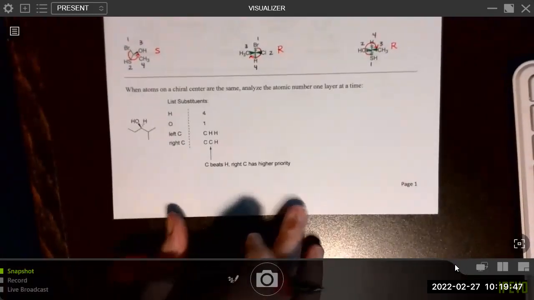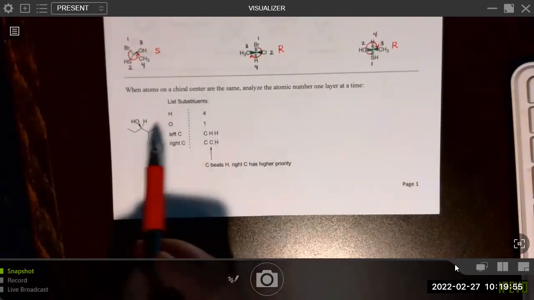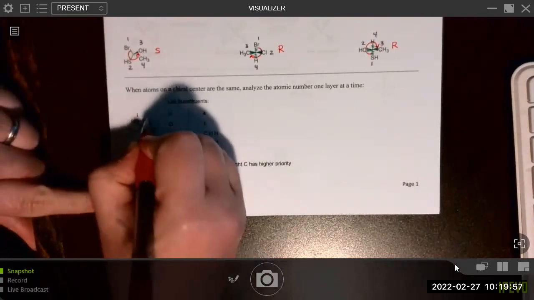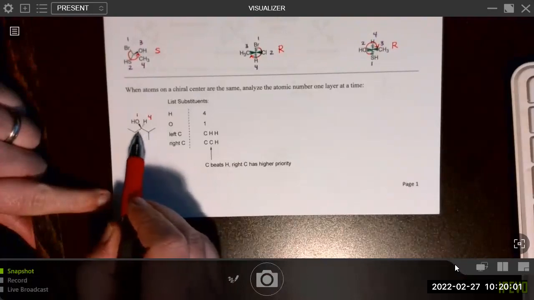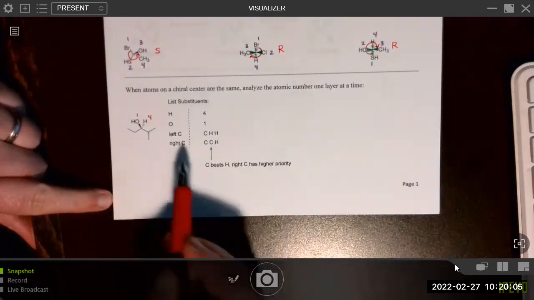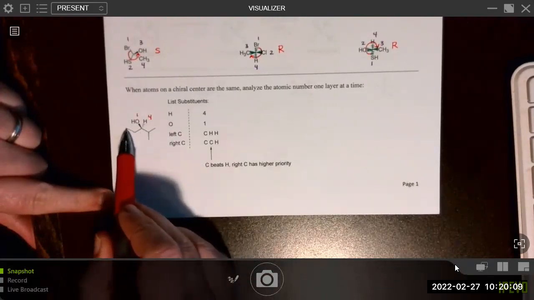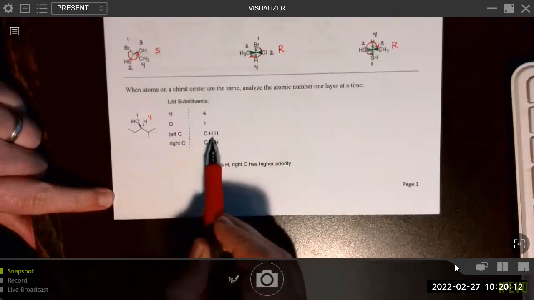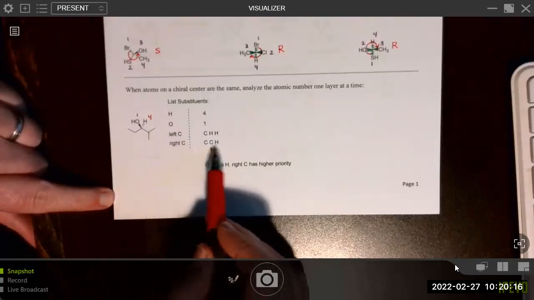Here's a little reminder that when atoms on a chiral center are the same, analyze the atomic number one layer at a time. So oxygen will clearly be the 1st priority and hydrogen will be the 4th, but this carbon is a tie with that carbon because they're both carbon. Then we have to look at what these carbons are attached to. On the left, we have carbon, hydrogen, hydrogen, written here, and then carbon, carbon, hydrogen, written there.